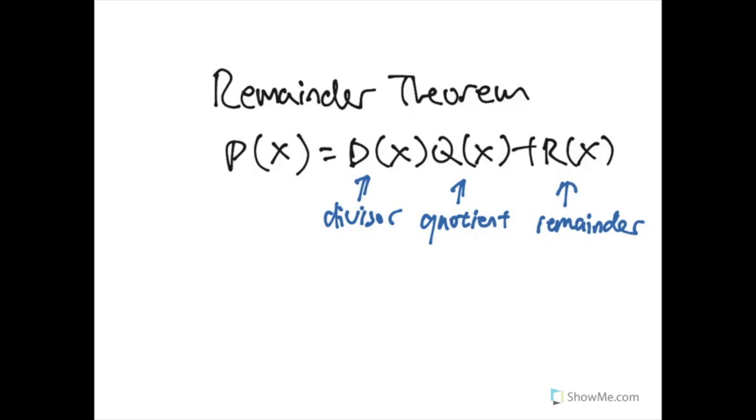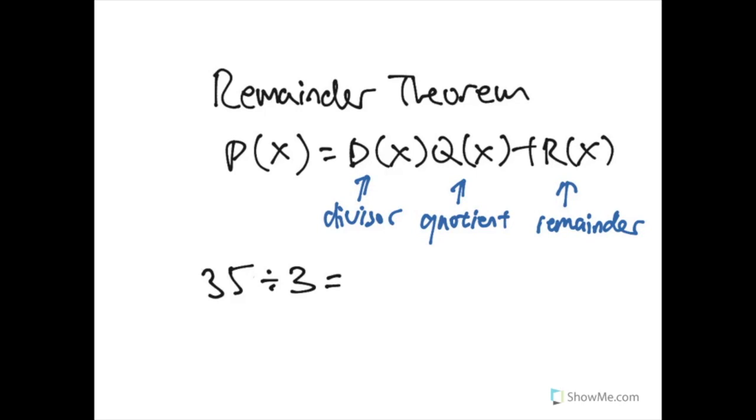Alright, so next we're going to talk about the remainder theorem for polynomials. And so here is the general expression of the theorem, and this is very similar to the remainder theorem for integer division. So taking an example, if we have, say, 35, and we want to divide it by 3.